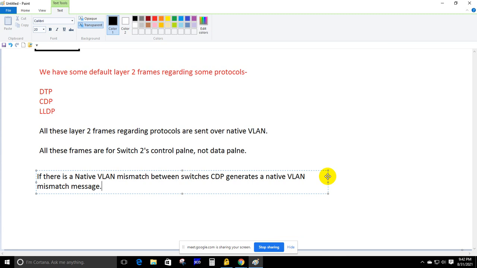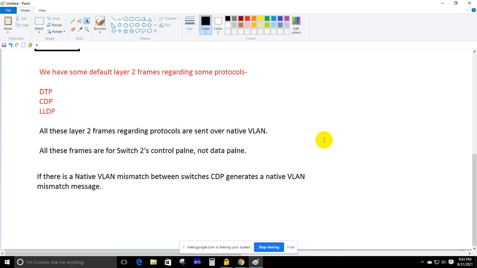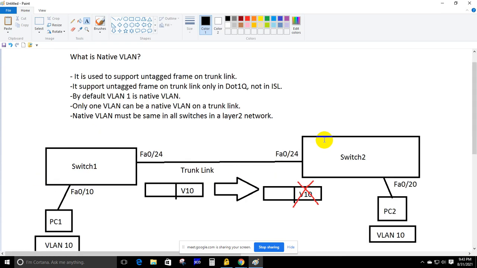The CDP message is generated when there is a native VLAN mismatch between switches, to notify the administrator that there is an issue of native VLAN mismatch. Clear? Any doubt? No, sir. Very good.